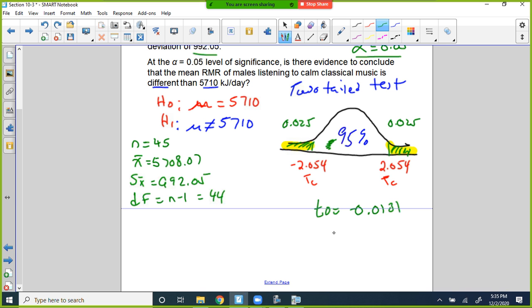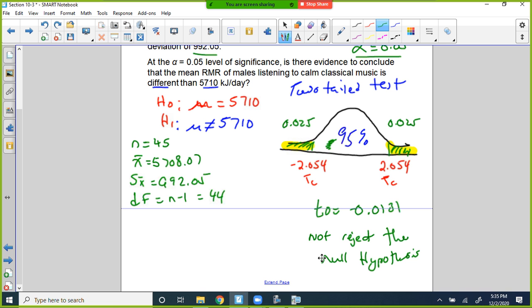So our claim would be we would not reject the null hypothesis because there's not statistical significance that the mean resting metabolic rate for males listening to classical music is different than 5710 kilojoules. So we would not reject the null hypothesis.